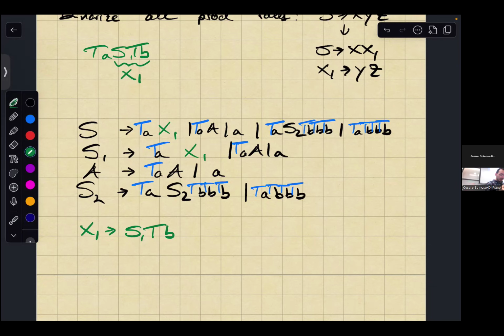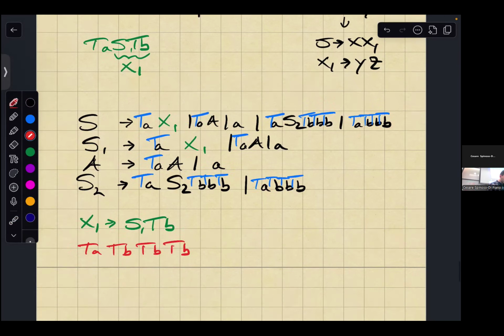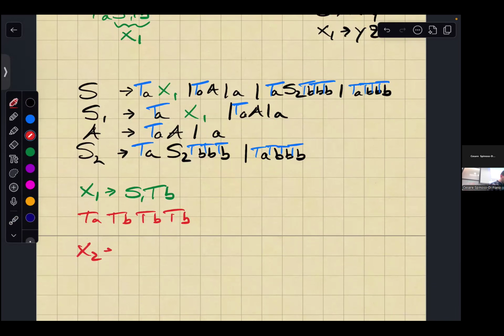Cool. The next one I will do will be this TA TB 3 times, right? So to do that, if I have TA and then TB 3 times, I'll create x2 for TB 3 times, and then x3 for TB twice, so that I can just replace this with x3. So these are the two new production rules that I have.